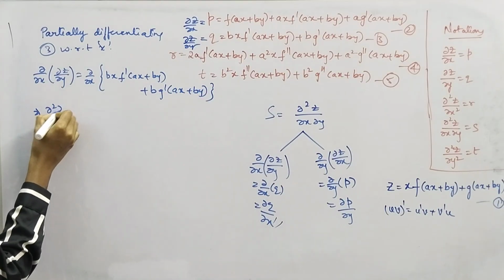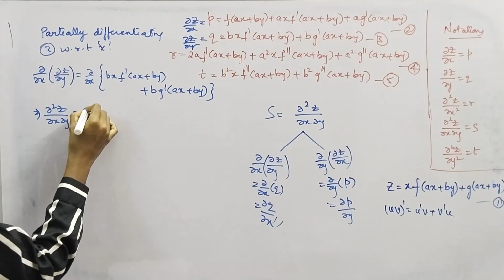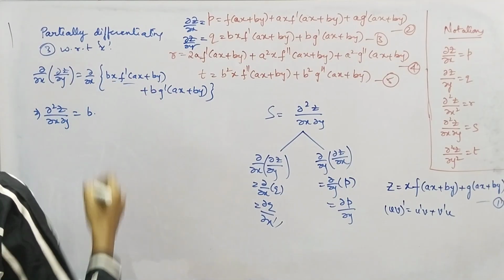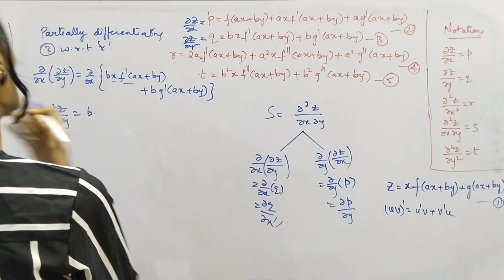This gives us ∂²z/∂x∂y equal to b into, here you have x and f' of (ax+by). Let's use the uv whole dash formula.